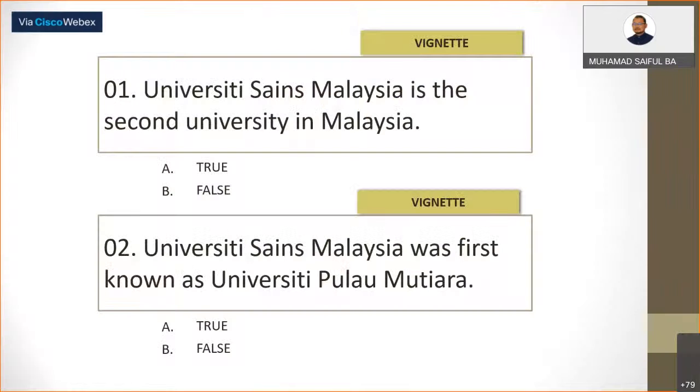Group number 1, what is your opinion on the classification of this question, which type of objective assessment item? Yes, group 1, do you still remember your group? Dr. Saiful? Yes, I'm from group 1.